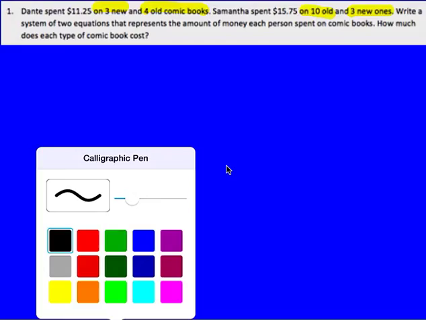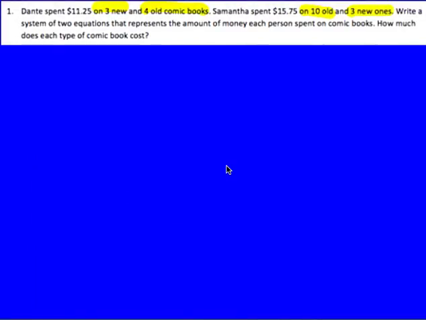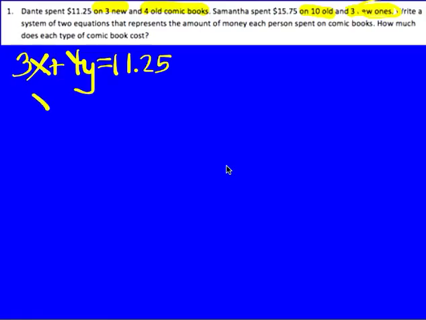So Dante bought 3 new comic books at price x, and 4 old comic books at price y, and that was equal to $11.25. Notice that they switch the order on us. Samantha also bought 3 new ones at price x, and 10 old ones at price y, and that was equal to $15.75.